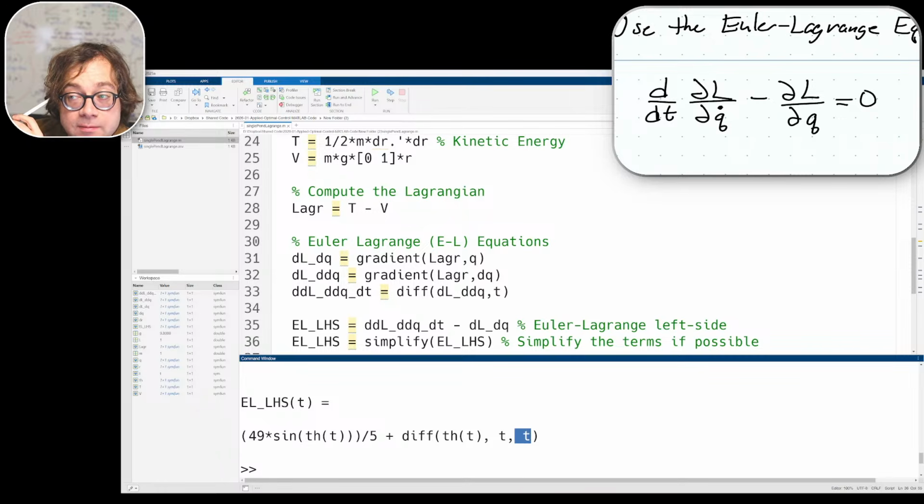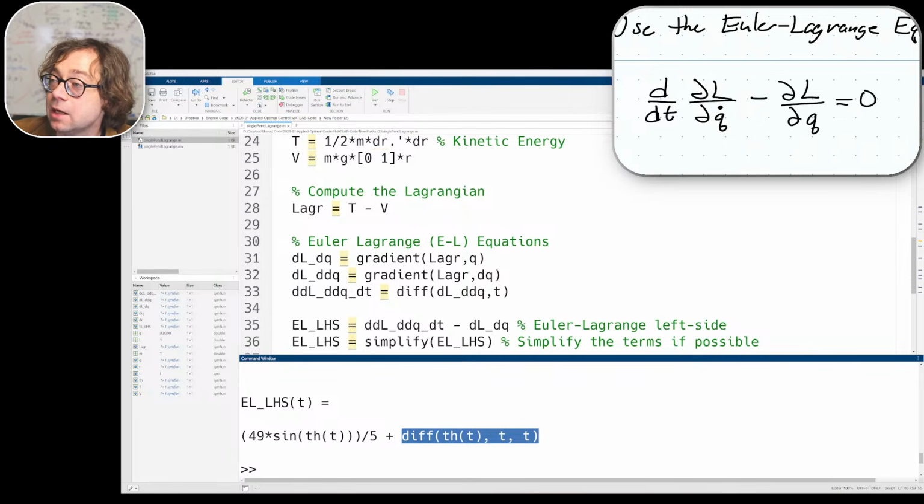Theta double dot, right? In fact, if you wanted to right now, we could solve this. This is theta double dot. That's 49 over 5, that's G, that's 9.8. So it's saying theta double dot plus 9.8 sine of theta equals 0. Put that on the other side.